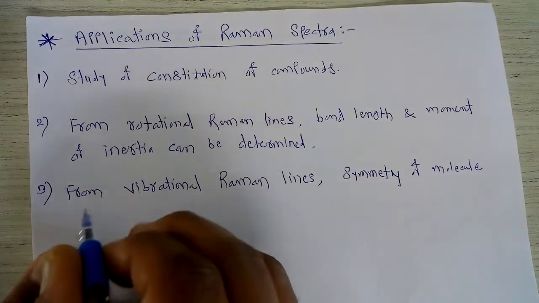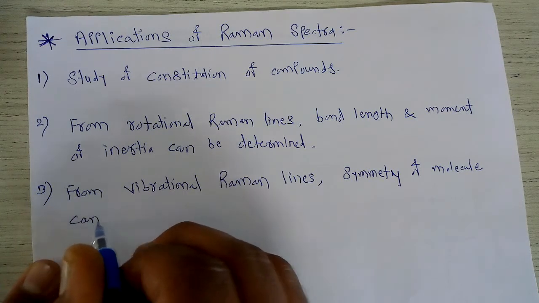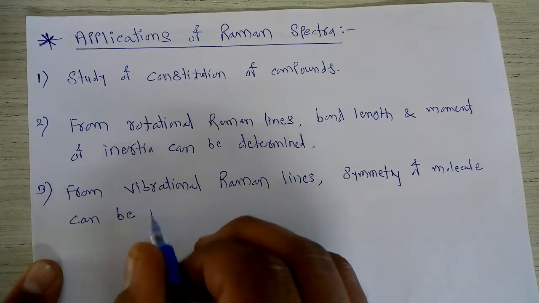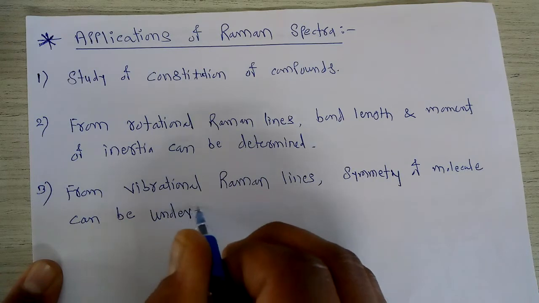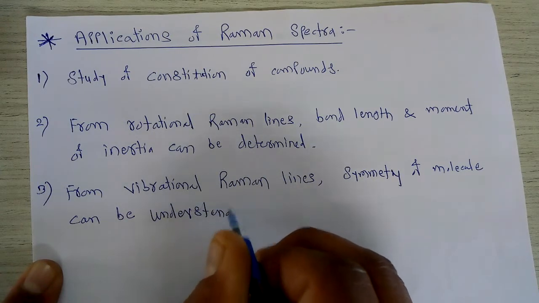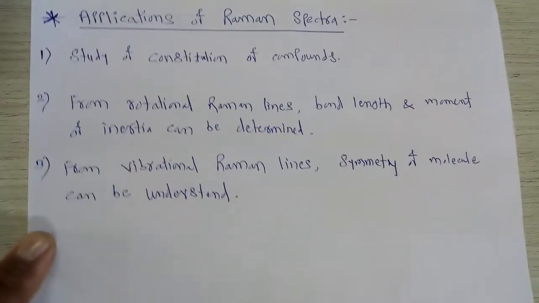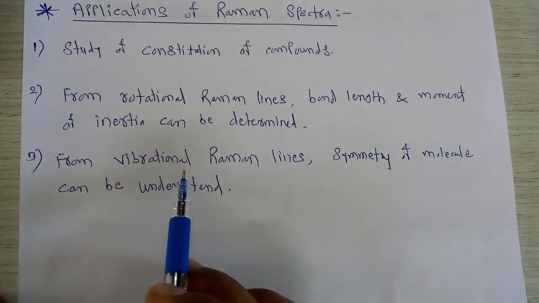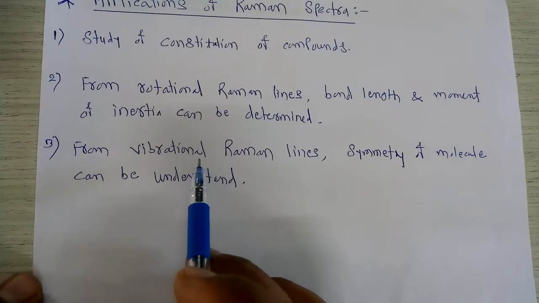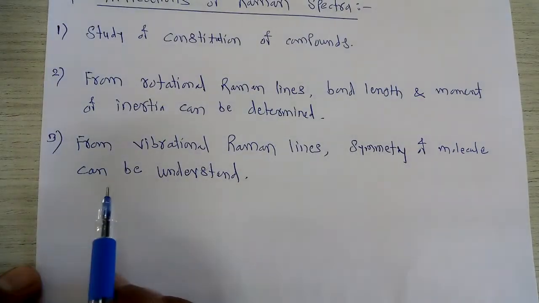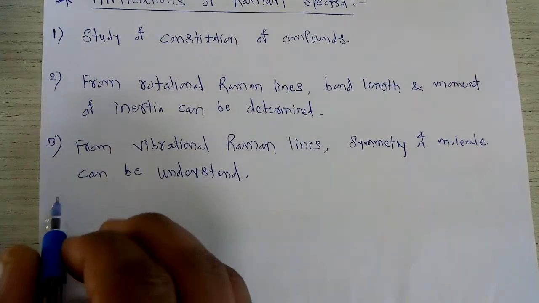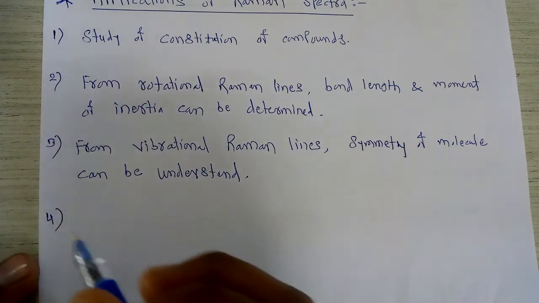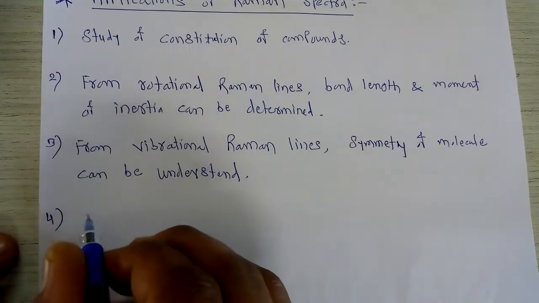So this is the third important application of this particular Raman spectra. Means if we get the vibrational Raman lines, from those lines we can get an idea regarding the symmetry of the molecule.